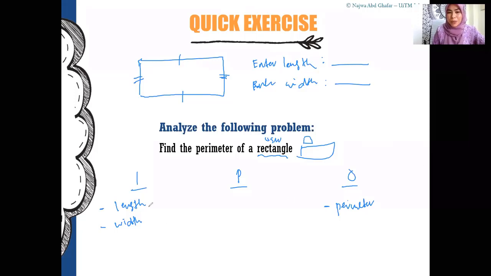So based on what the user enters for the length, let's say 30 here and 45 here, how do we calculate the perimeter?